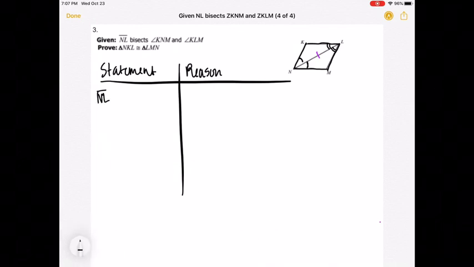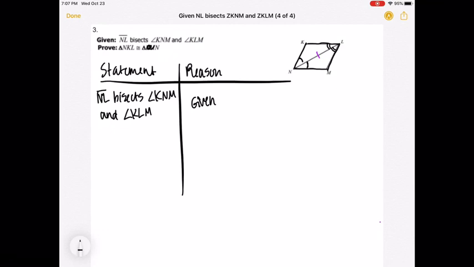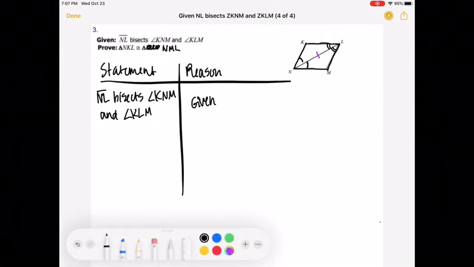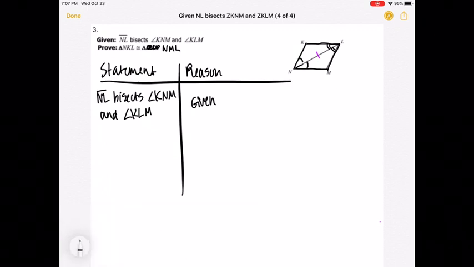So given was segment NL bisects angle KNM and angle KLM, and that's given. I also need to tell you that there was a little typo here. This should say triangle NKL is congruent to triangle NML.